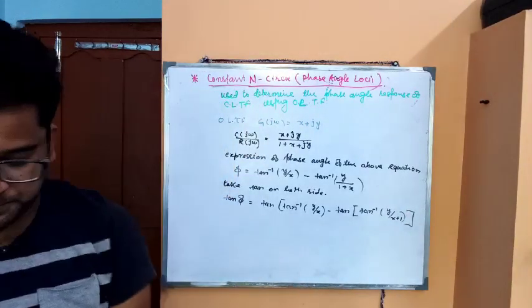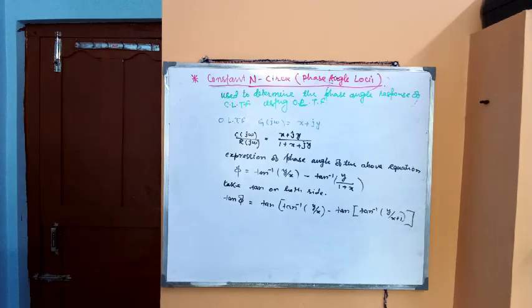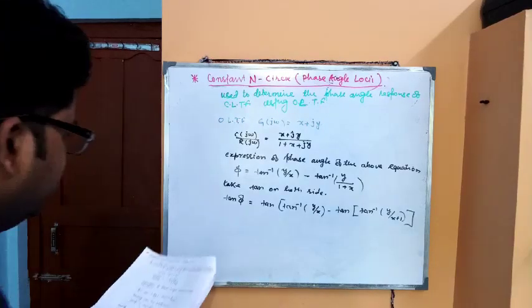Now tan of (a minus b) is equal to (tan a minus tan b) divided by (1 plus tan a into tan b).